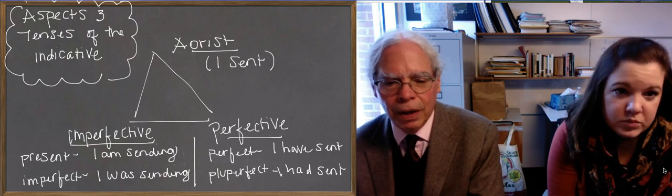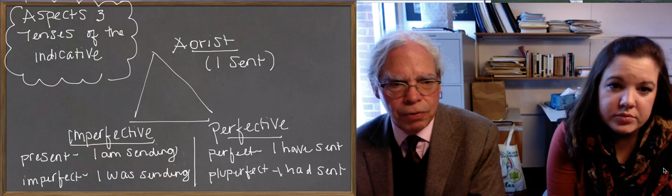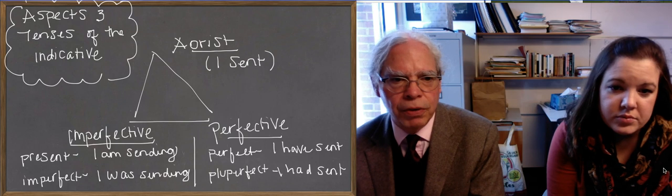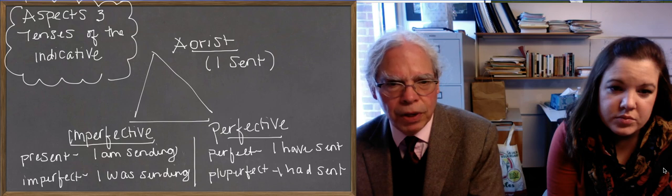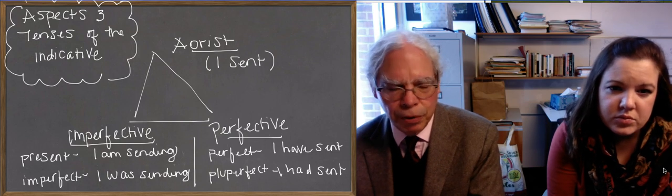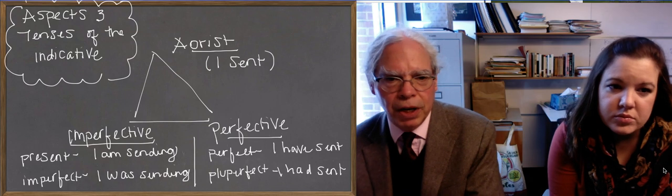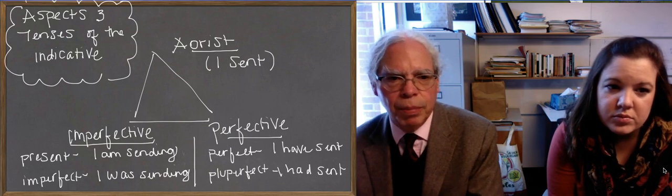You've got the whole thing here, at least in the active voice. You've got the two forms of the imperfective aspect, the so-called present and imperfect tenses, and the aorist form, which is only a past tense. And now we've got the two most current forms of the perfective aspect, the present perfect, or the perfect as it's called, and the pluperfect, the past perfect.